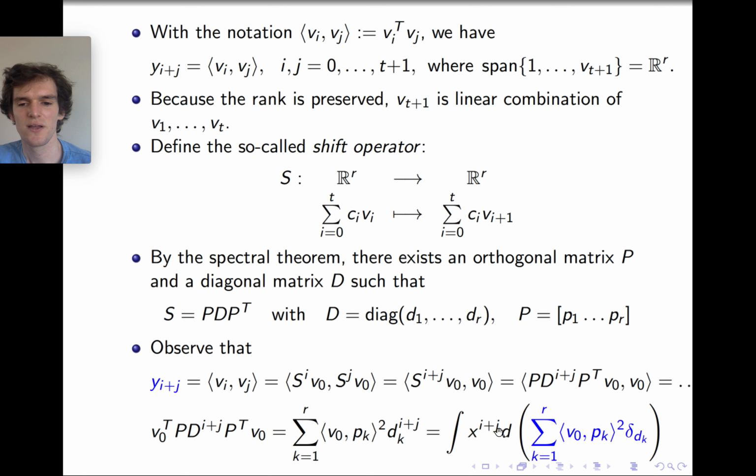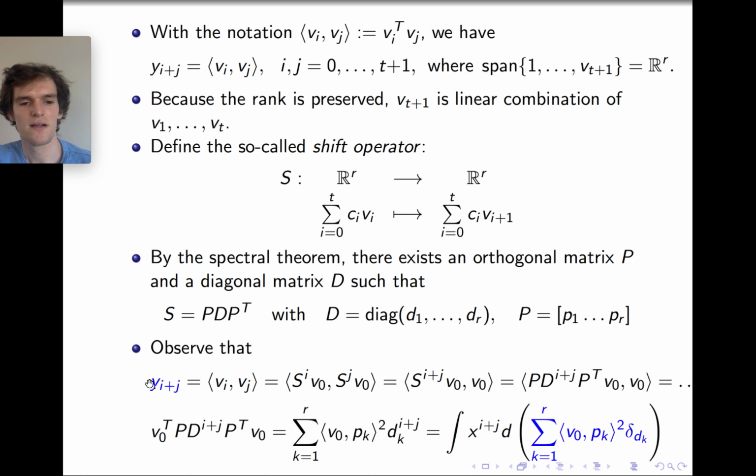This is the sum of Diracs with certain weights, and the supports are dk. So basically the diagonal gives you the supports, and the columns give you the weights.